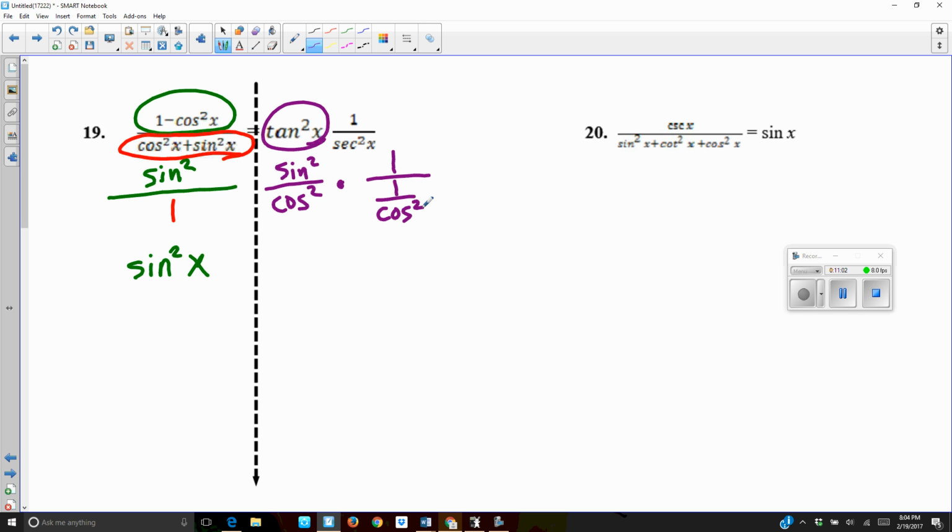It's possible you could have done that a quicker way. But now this can be simplified by taking the top and multiplying it by the reciprocal of the bottom. Anything times 1 is itself. Now I'm going to bring this down here.